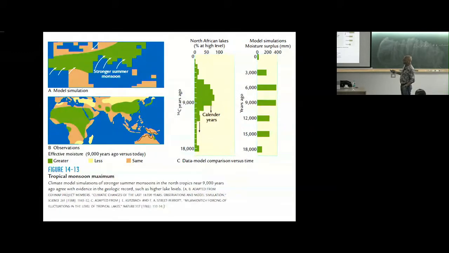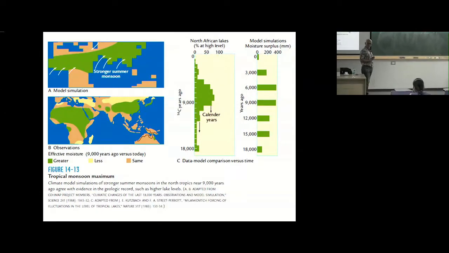These are the observations. So you had much stronger monsoon circulation because 9,000 years ago, the glacier had not completely disappeared yet. It disappeared only 6,000 years ago, which means the equator to pole temperature gradient would have been stronger because the poles were still colder. There are still glaciers, much larger glaciers than today.